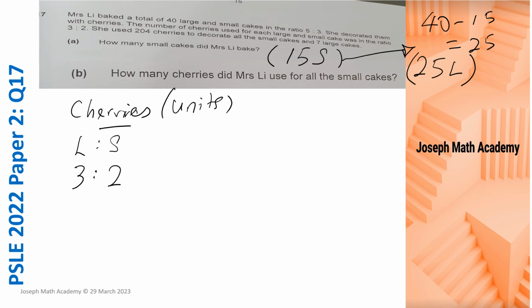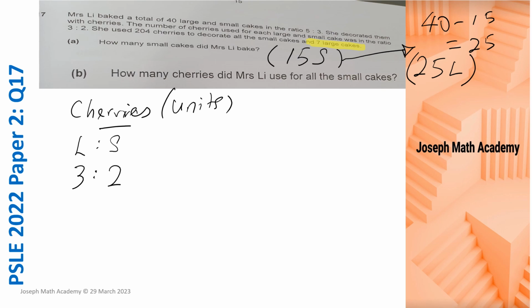Okay, now we know that Mrs. Lee used 204 cherries to decorate all the small cakes and 7 large cakes. Now this information is superbly important. I'm going to highlight in yellow. 7 large cakes.